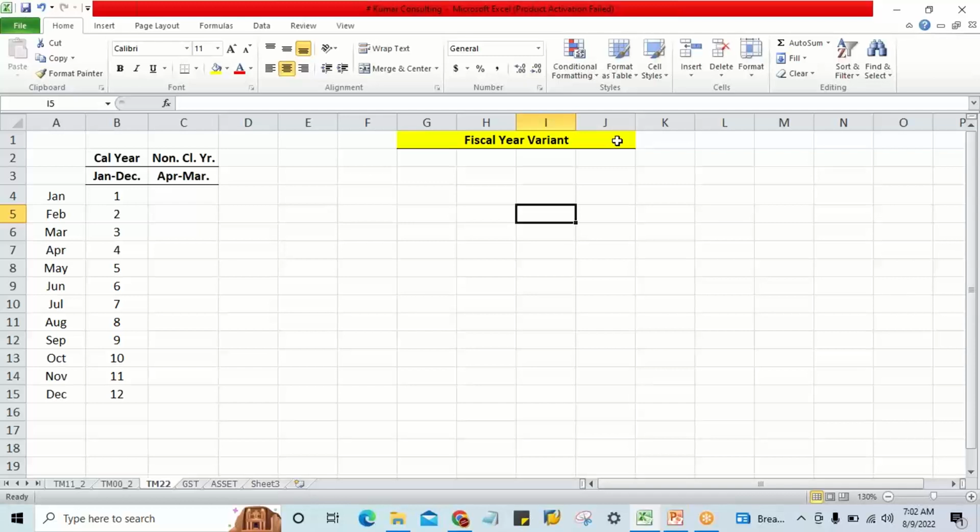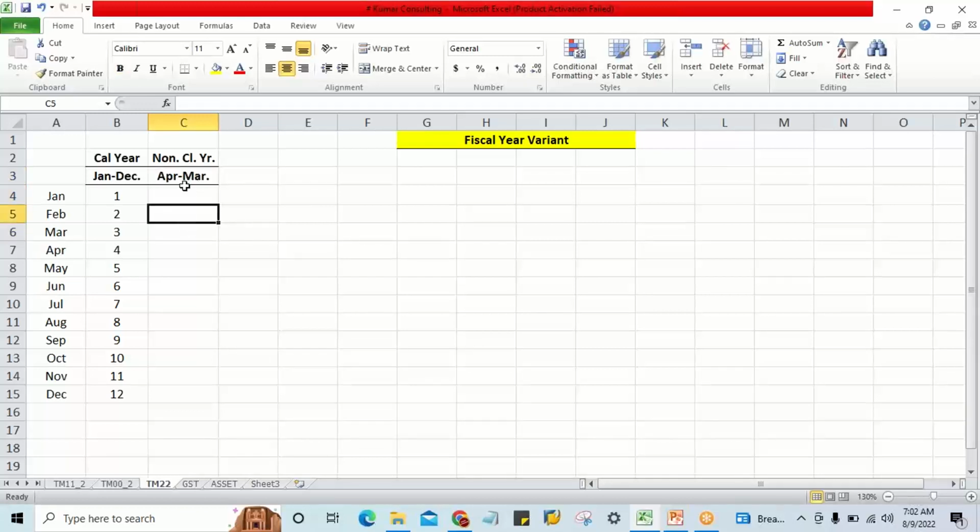Not only India, multiple countries are following a non-calendar year, either July to June, or October to September. Now we'll take an example of one non-calendar year and proceed further. I'll quote an example of another non-calendar year also, because I have to explain one more thing.